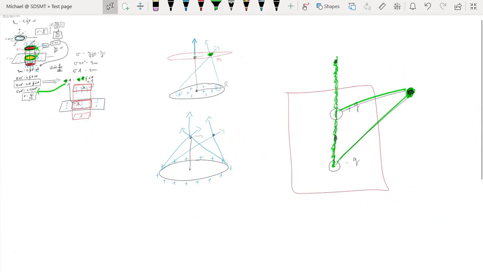All right, so that is the end of chapter 23.